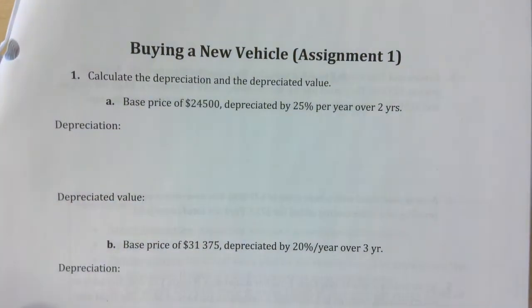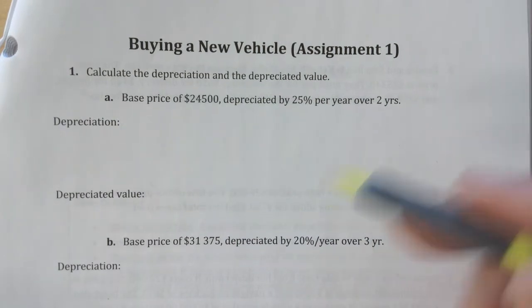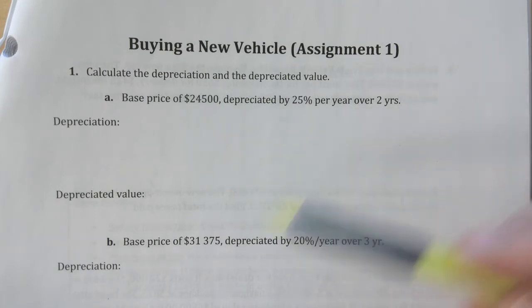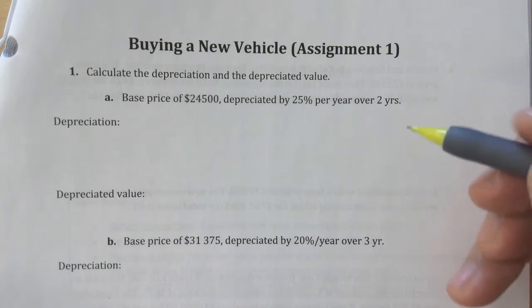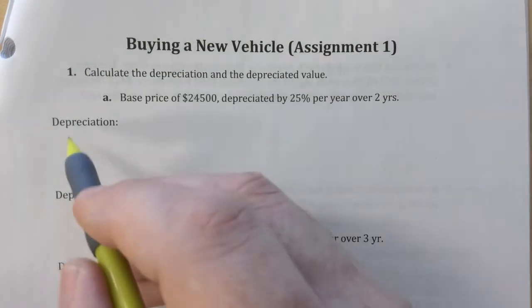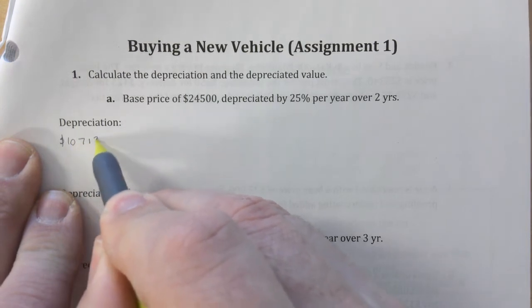Okay, so page 4. What I'm going to do here is go through the key and just give you the answers to these questions, especially depreciation. We've just done it. So I will give you the answers and then you can check your work if you've done it, or if you want to do it afterwards.